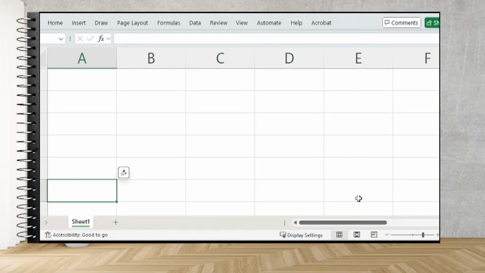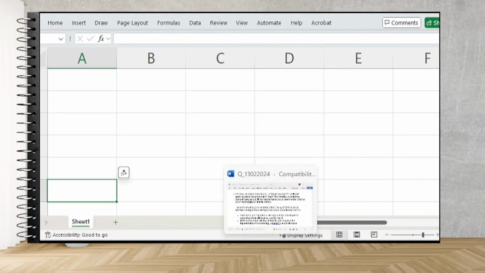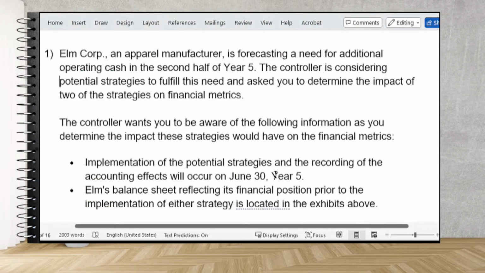Okay. So you can start to read this question. No, it is okay.